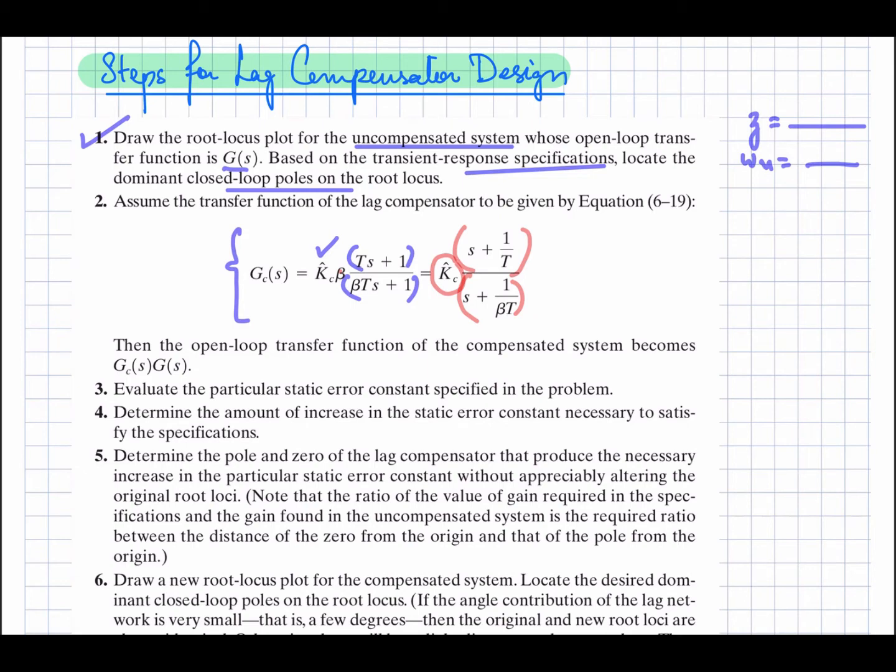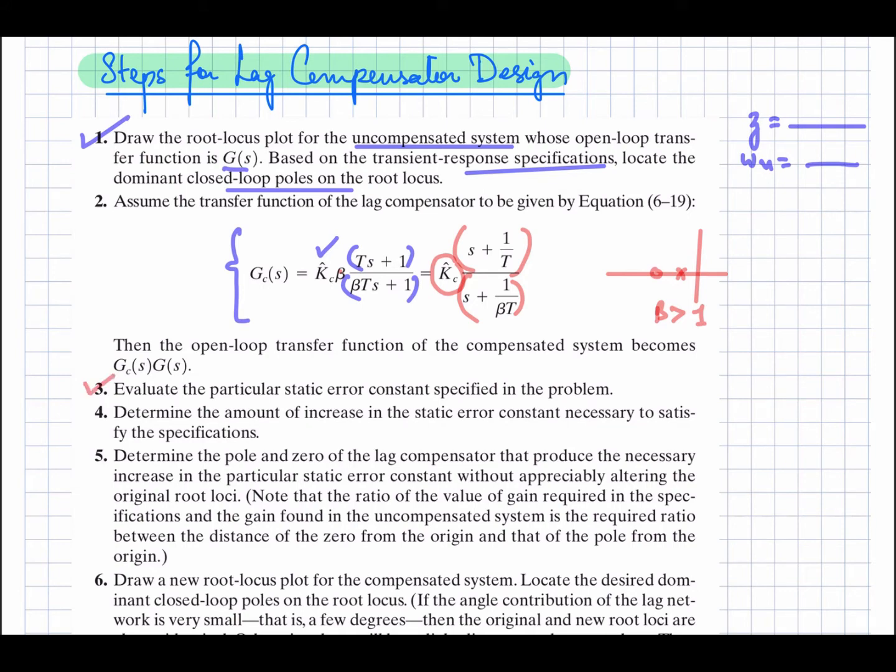This is the transfer function of the lag compensator, and as the zero is to be very close to the pole but on the right hand side of it, this beta will be greater than 1.